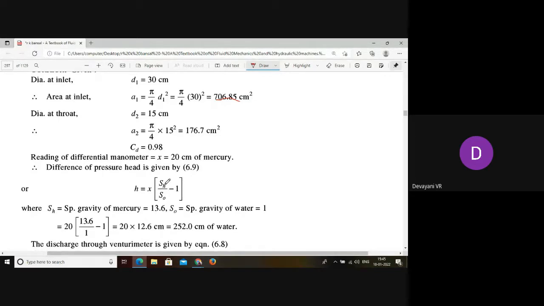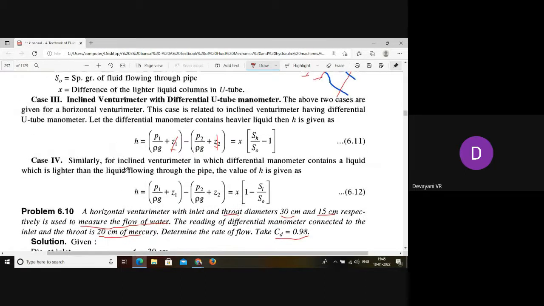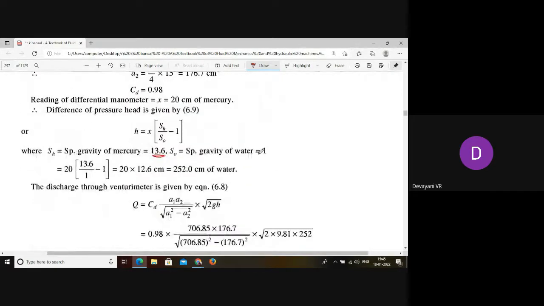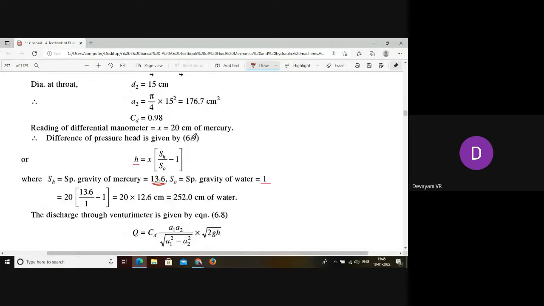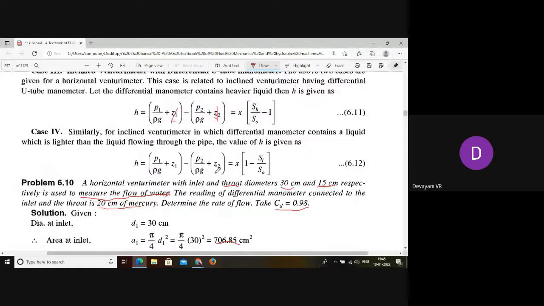What heavy liquid is given here? Mercury. For mercury, the specific gravity is 13.6, and SO is the specific gravity of the flowing liquid. What flowing liquid is given in the problem? Water, isn't it? So the specific gravity of water is 1. Now substitute the values to calculate H. H equals X, and X is 20 centimeters of mercury, the differential manometer reading.